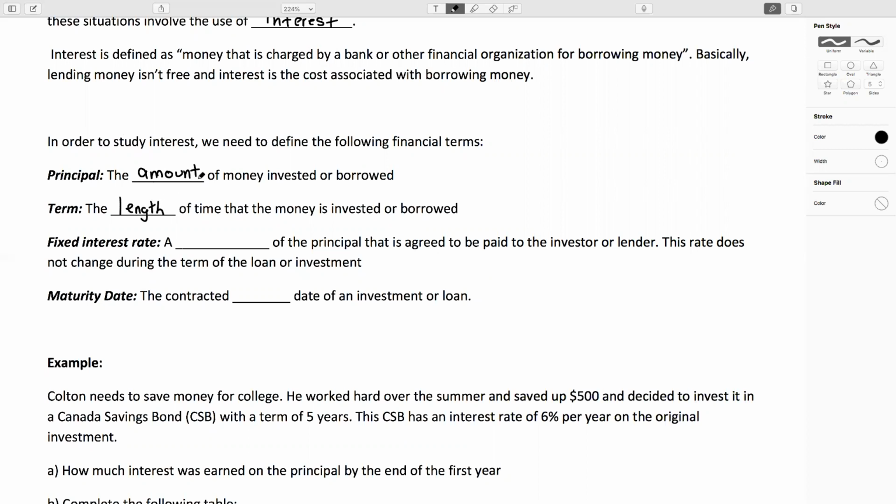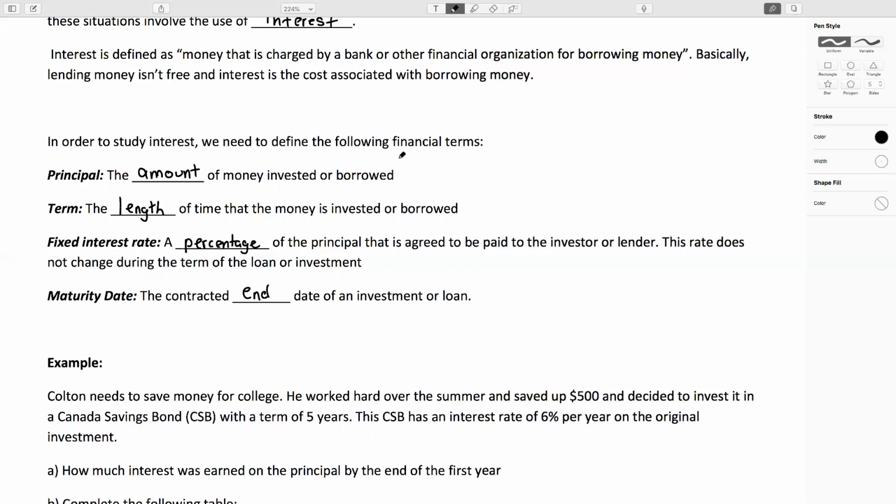The fixed interest rate is a percentage of the principal that is agreed to be paid to the investor or lender. This rate does not change during the term of the loan or investment. Basically, the fixed interest rate is the percentage that you agree upon when you sign a loan or invest. Maturity date is when the contracted end date of a loan or an investment ends.